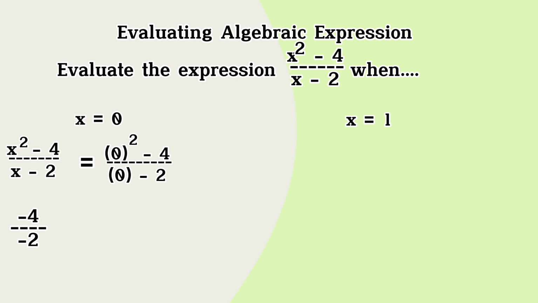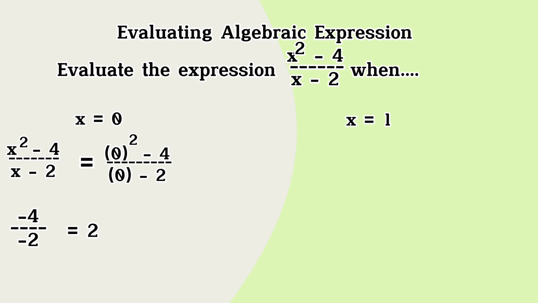Then 0 minus 2 is equal to negative 2. So, i-simplify na natin yung difference natin kanina. Negative 4 divided by negative 2 is equal to positive 2. So, ito na yung sagot natin sa when x is 0.